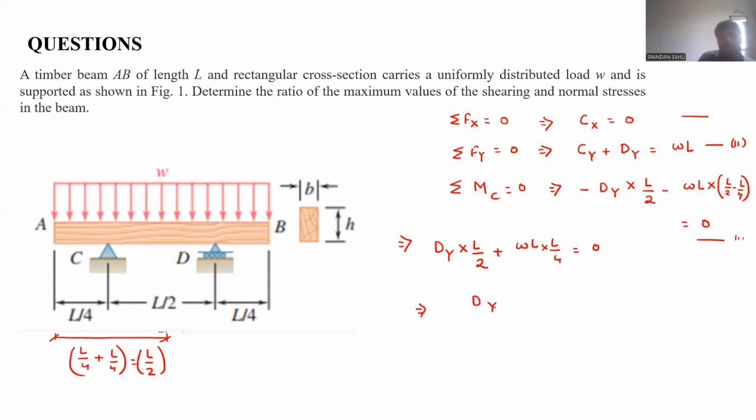So Dy into L by 2 plus WL square by 4 equal to 0. So upon simplification again, you will be getting minus WL square by 4.